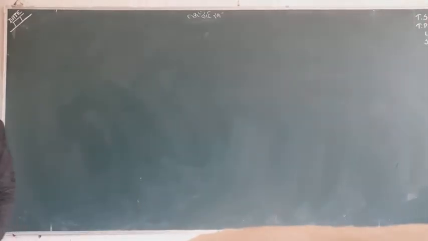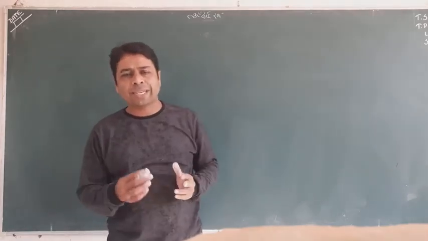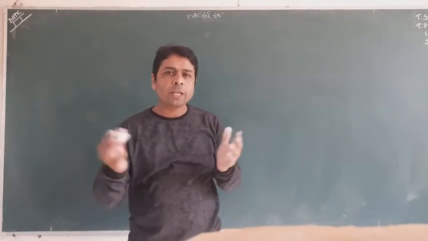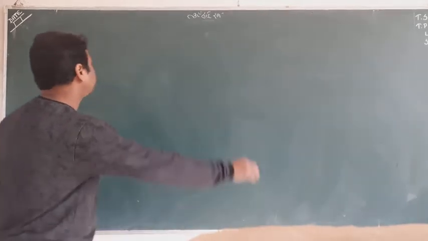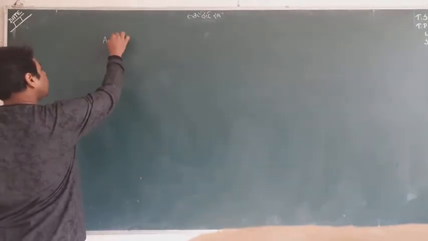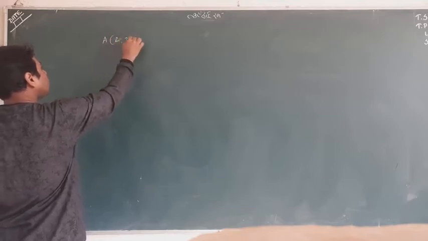Okay. Now let me tell you one thing. I just want to tell you the connection between vector and geometry. Try to understand. Suppose A is the point with coordinates 2, 3, 5.